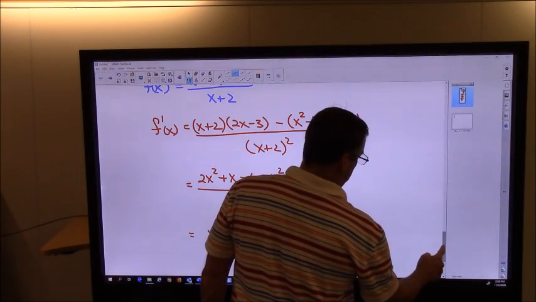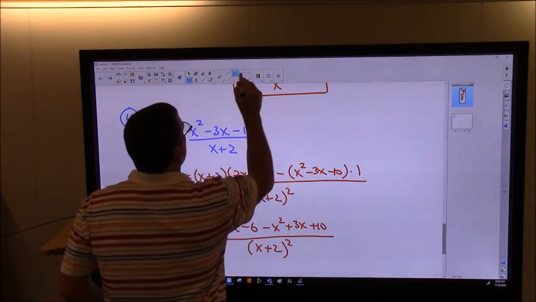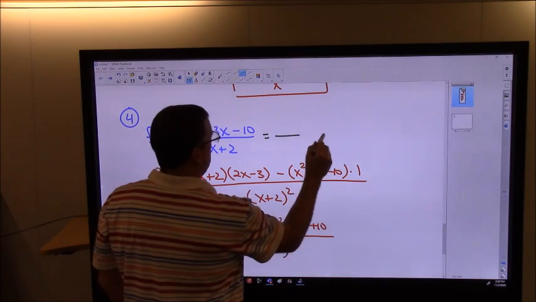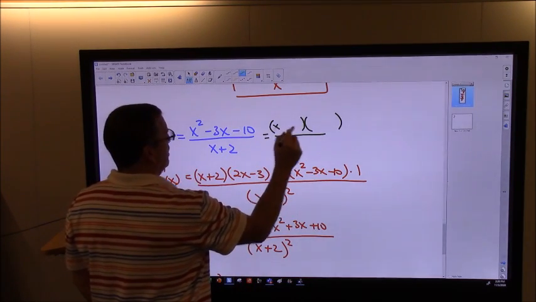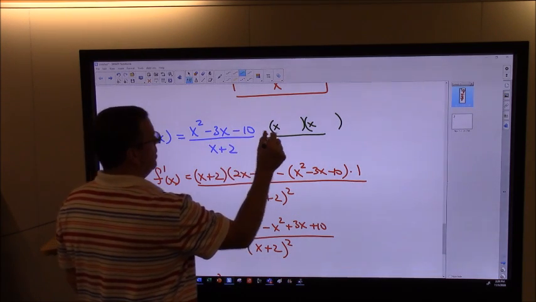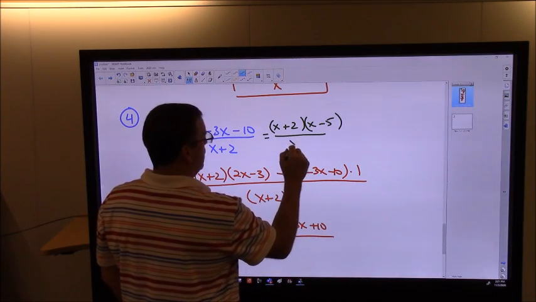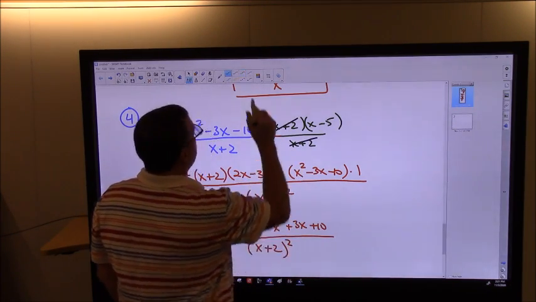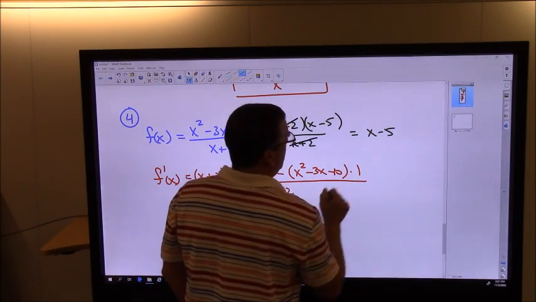So I wonder if anybody did this slightly different. I don't know if anybody thought about this, but right at the beginning, had I factored this, I would have had x times x, two numbers you multiply to get 10 and subtract to get a negative 3. And then I got x plus 2 down here. Those cancel. And so really that expression is equal to x minus 5.